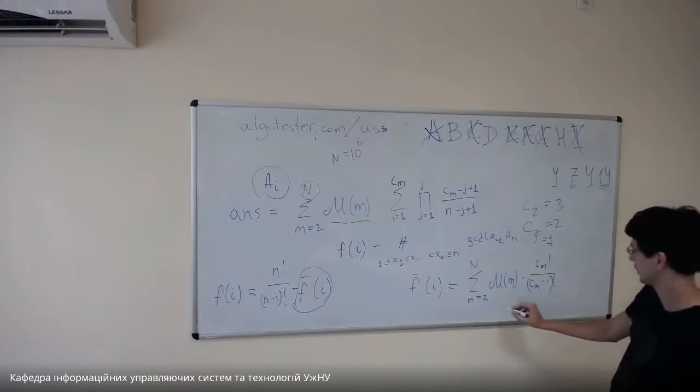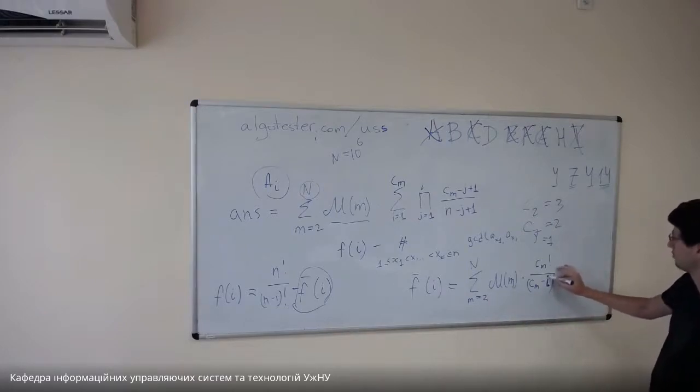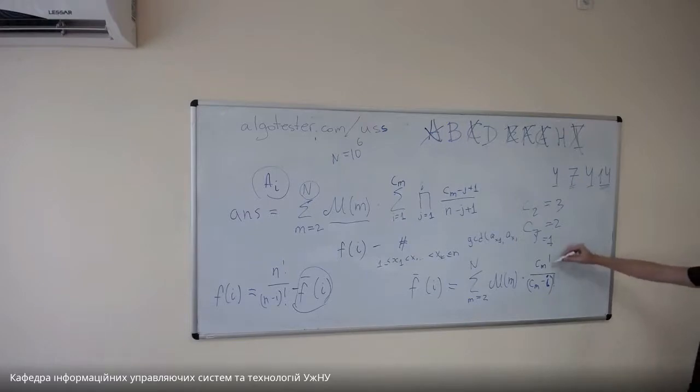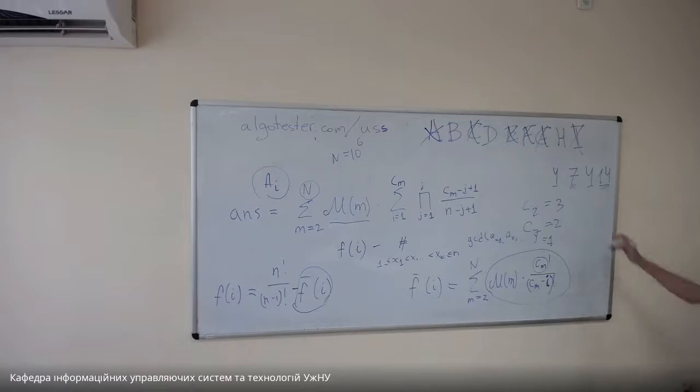And here we must have C of m numbers which are divisible by m, and we need basically one term of this sum. Let's consider, for example, m equal to 2. We want to calculate the number of sets such that the GCD is divisible by 2.